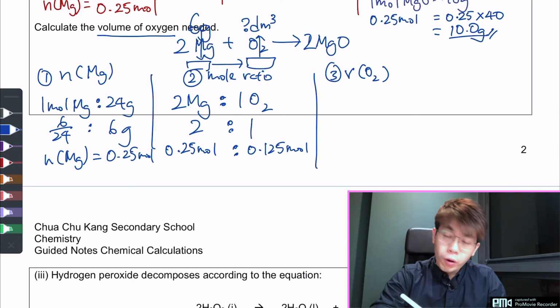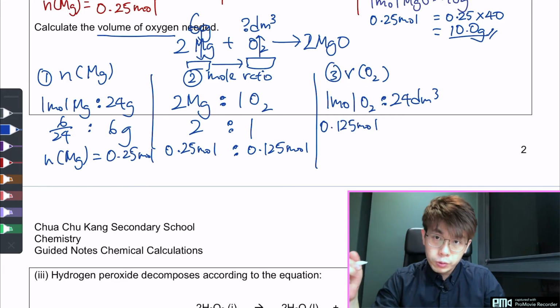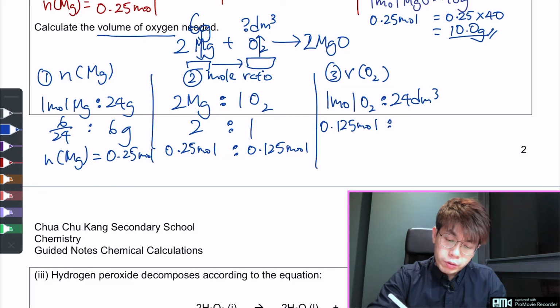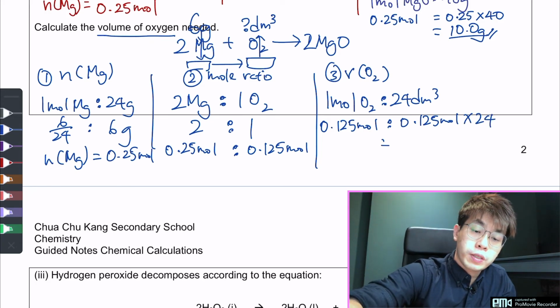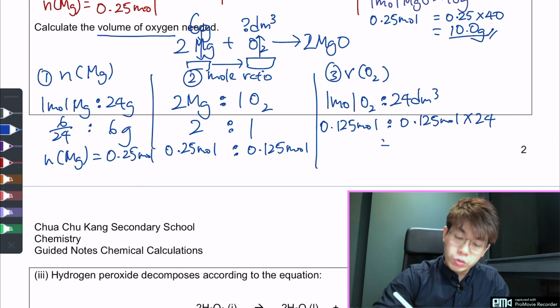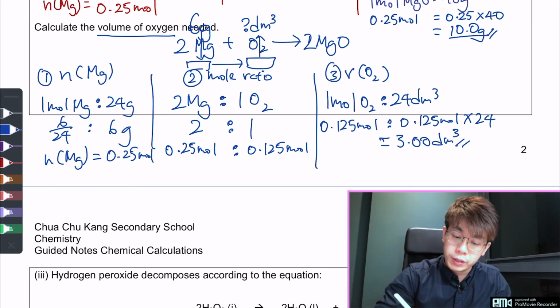For all gases, 1 mole of gas is equivalent to 24 dm cube. In this question I have 0.125 mole, so how many dm cube is that? That will be 0.125 mole times 24, which I think is 3. So 0.125 times 24 is 3.00 dm cube, and that's the final answer.